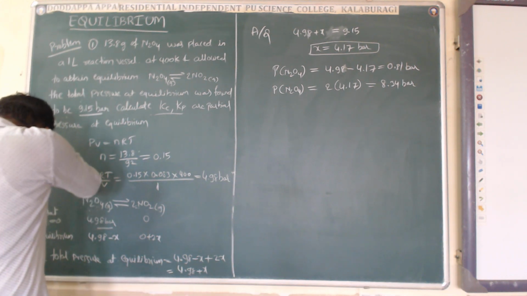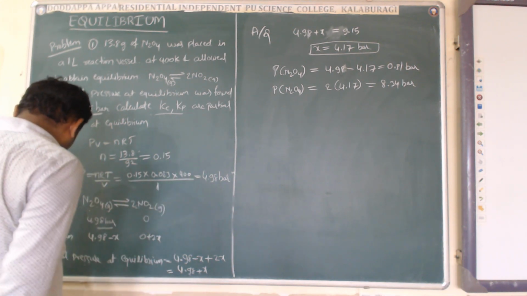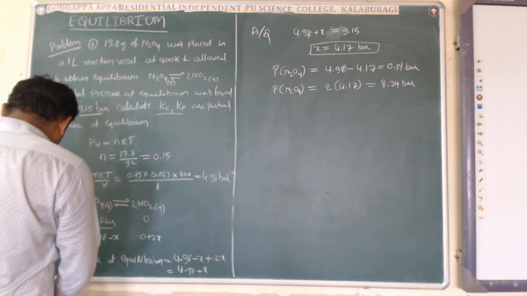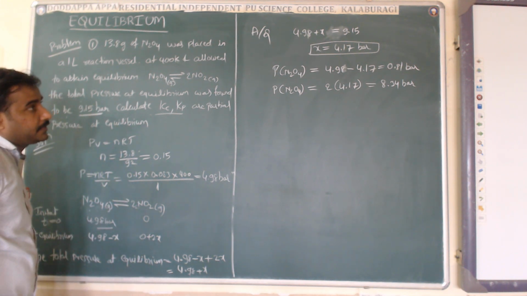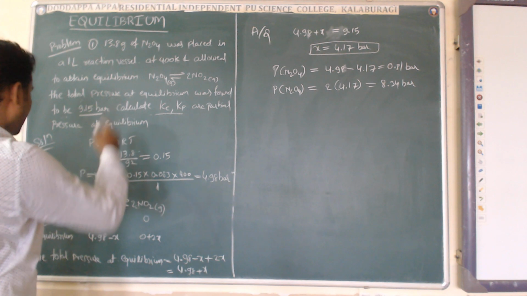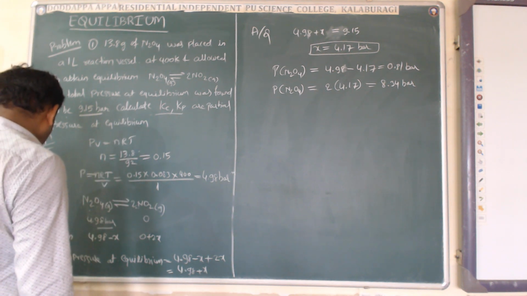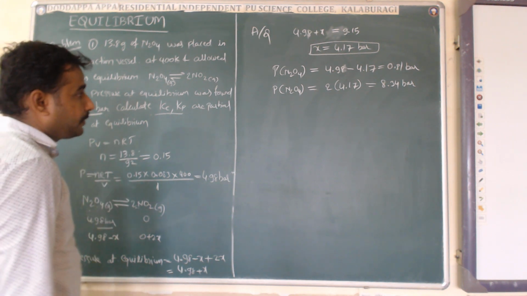Next, we have found out the partial pressure of N2O4 and the partial pressure of NO2. Next, you see the question. What you are observing is that you have to find Kp. What is the Kp formula?